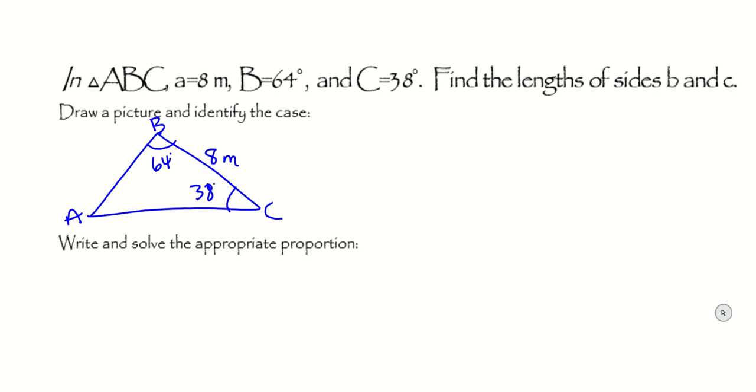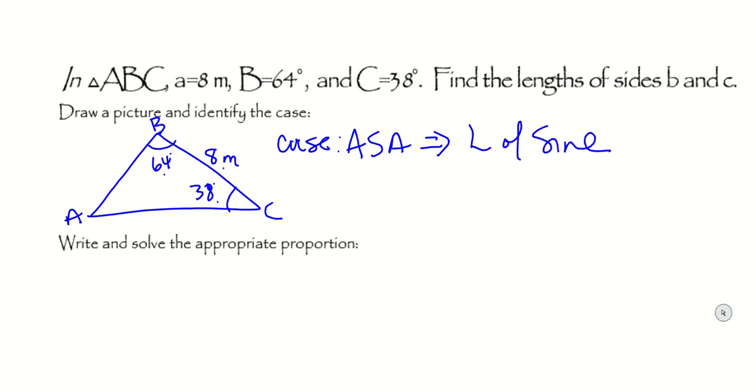So we come in here and we're going to look for our case. What we know is angle, then side, then angle. So we know angle, side, angle. Two angles and a side means I'm going to use the law of sines. My problem here is that I don't have any known parts that are opposite each other.